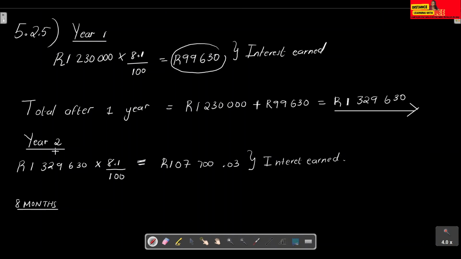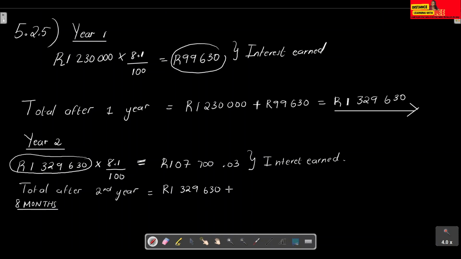Meaning that at the end of year two, how much does he actually have now? He will have this 1,329,630 plus the interest earned of 107,703 cents.